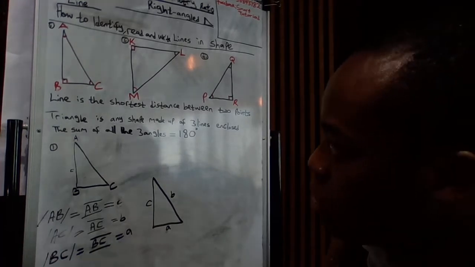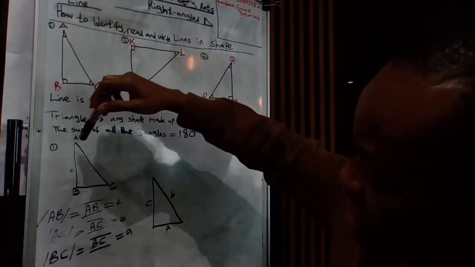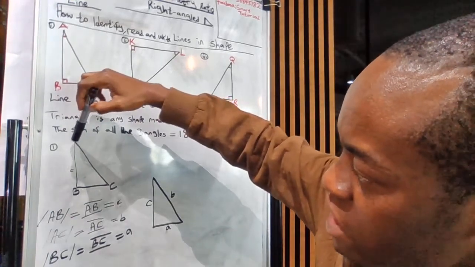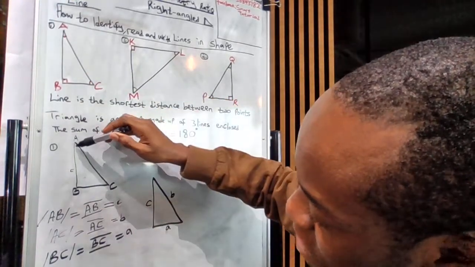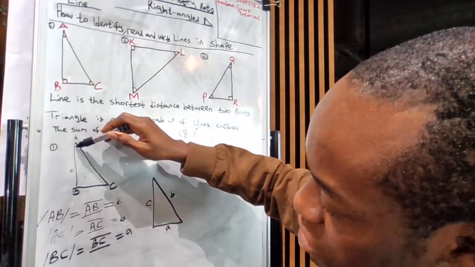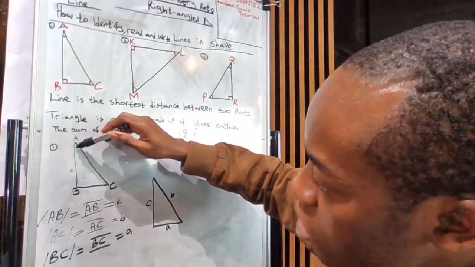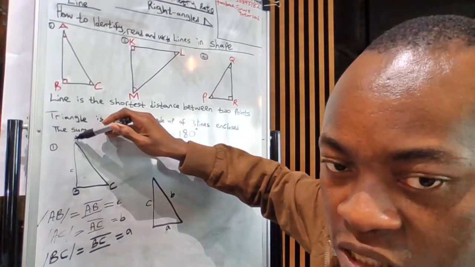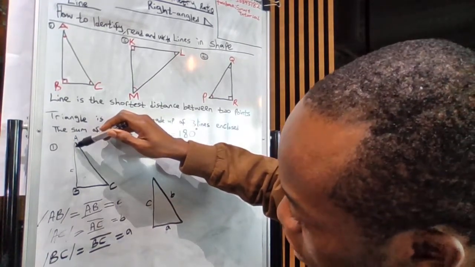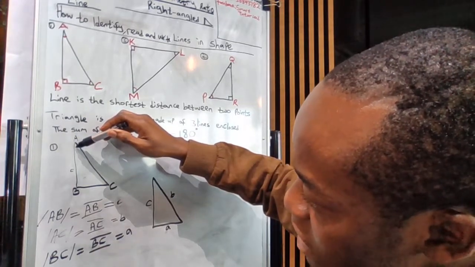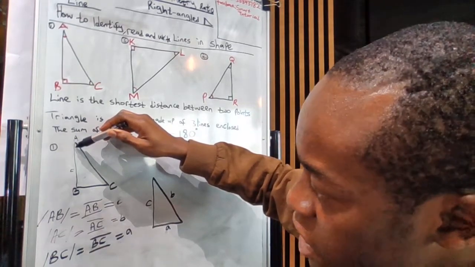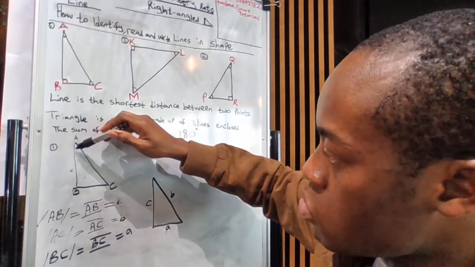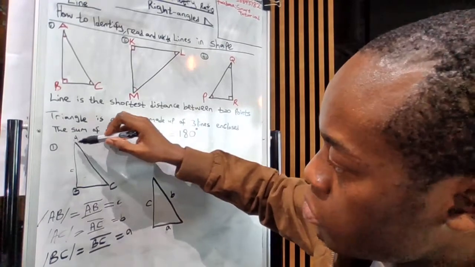Now, let me quickly chip in something. This A is at this edge. That is, inside this place is where the A is located. But this place is too small to write this capital letter A. That is why it is written outside. So this angle here is angle A. We are still going to look at how to identify, read and write lines also angles.